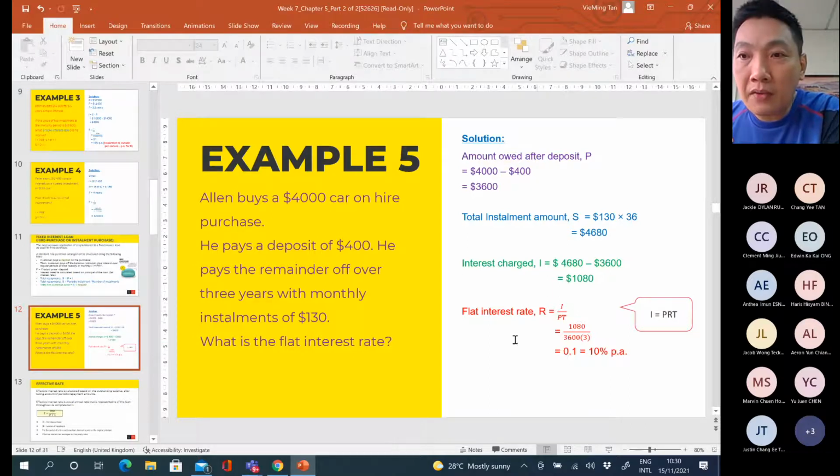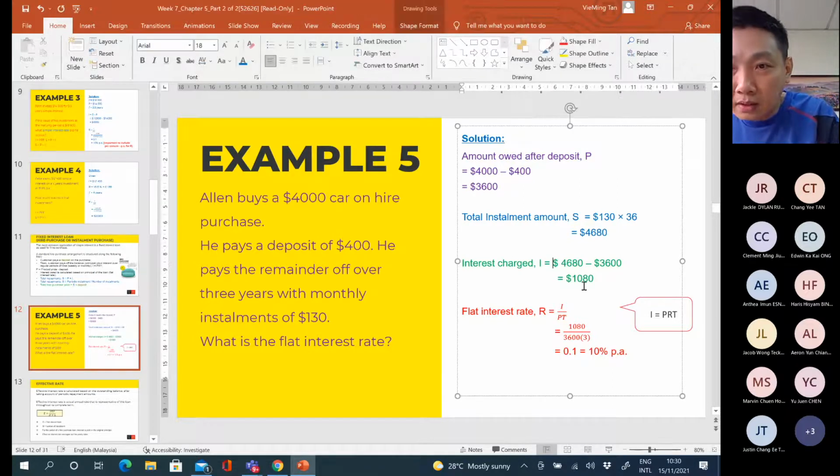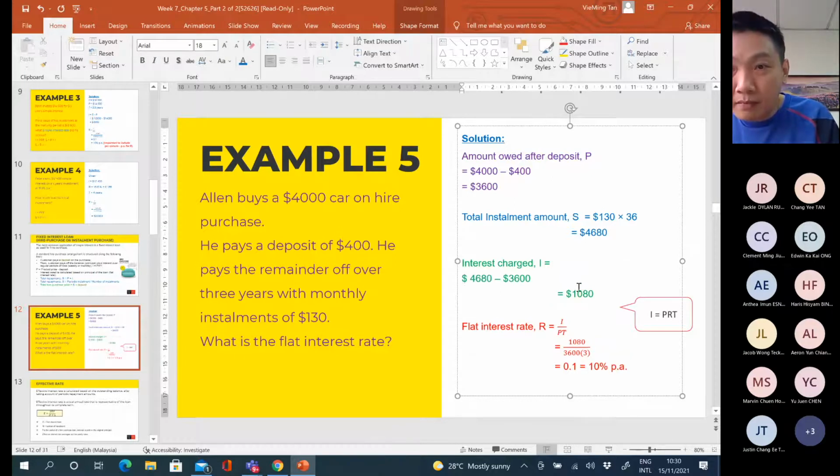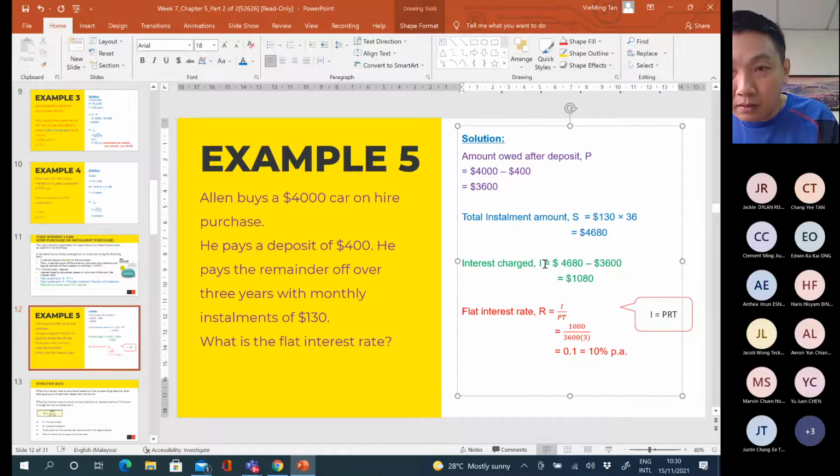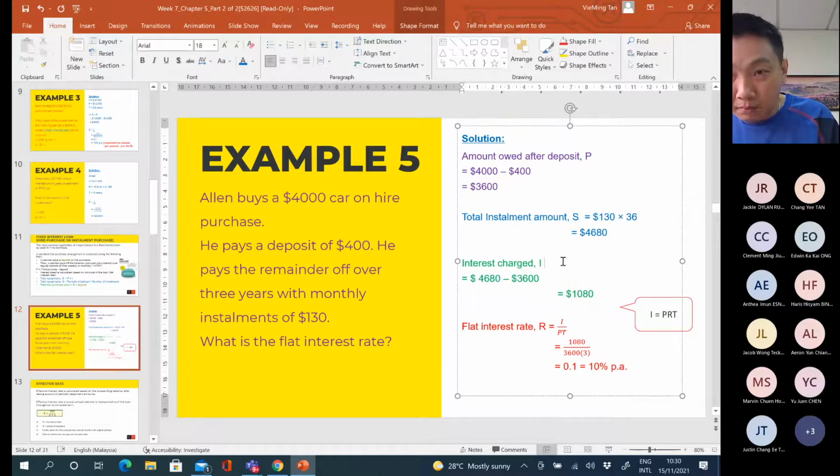In order to get the R value, we need to get the I first. But in order to get the I value, we need to know what S is.